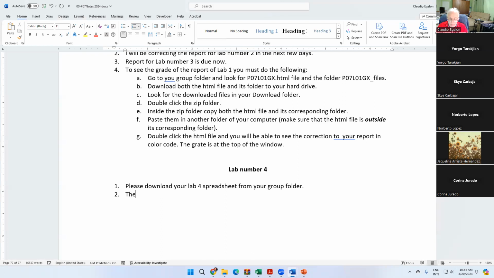The goal of this experiment is to verify Ohm's law. Okay.